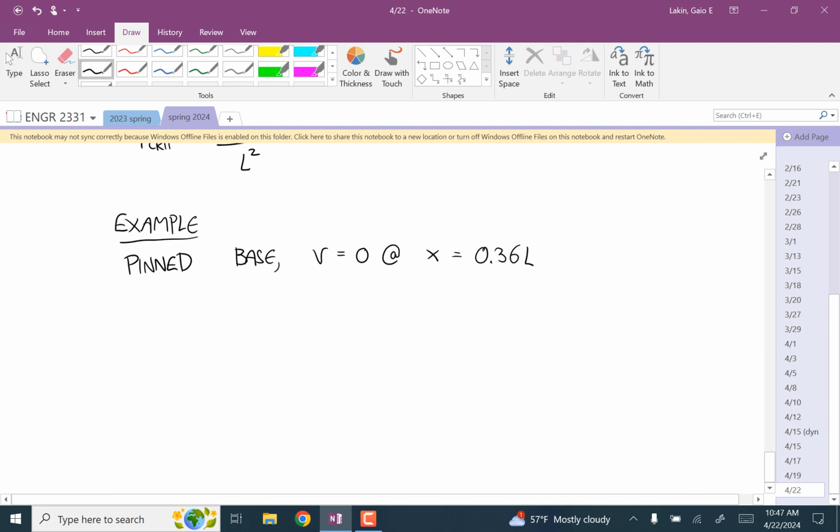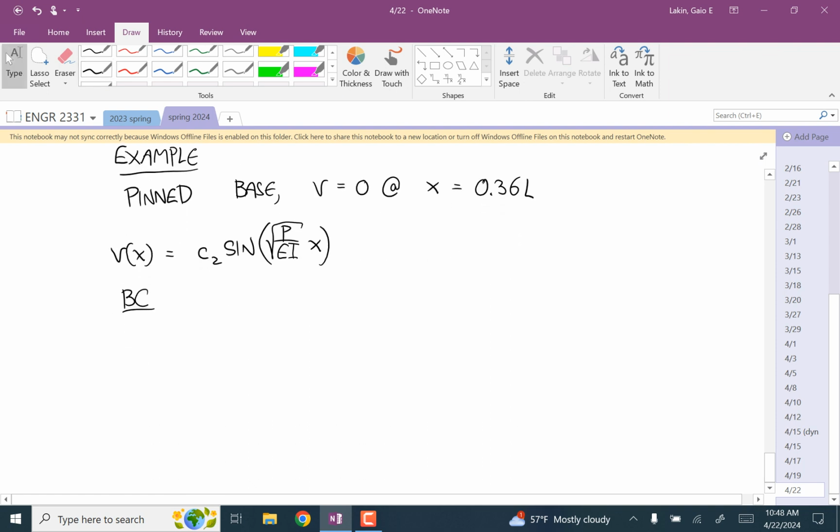Once we've gone through the derivation using what's happening at the base, we have this function that says V is equal to C2 times the sine of the square root of P over EI times X. And then for the boundary condition, we're going to say C2 sine of square root of P over EI times 0.36 L is equal to 0.